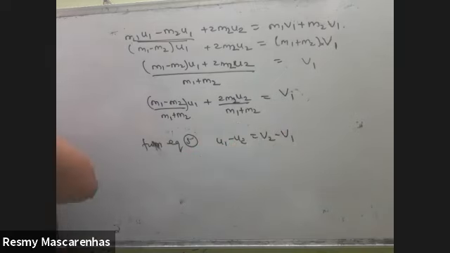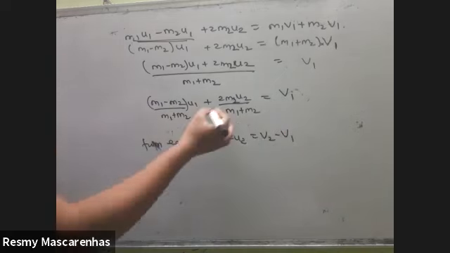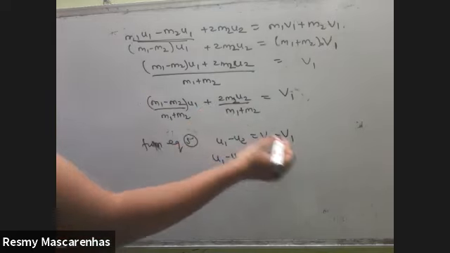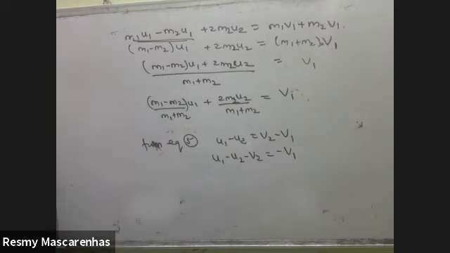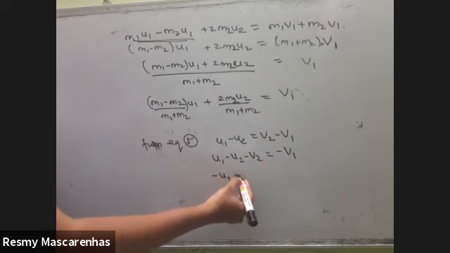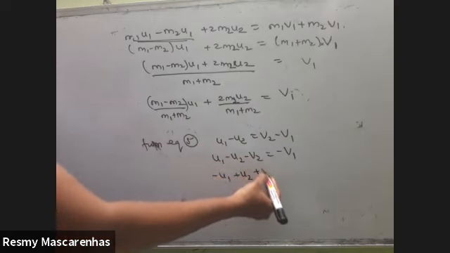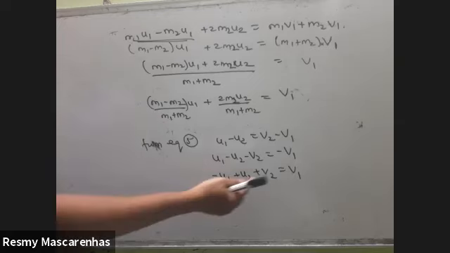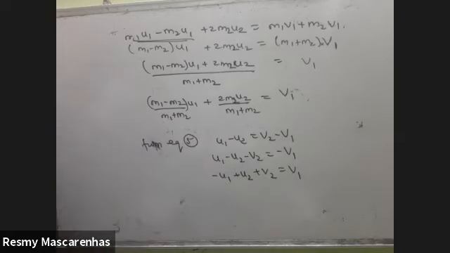V1 will be nothing but take everything on the other side, U1 minus U2 minus V2. But I don't want this negative. So everyone's sign will change. So this is minus U1 plus U2 plus V2. Okay, so this is the value of V1.